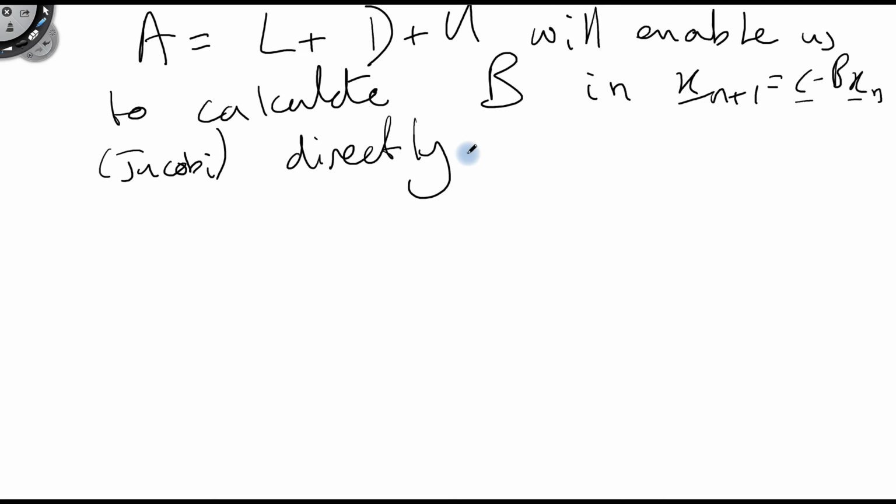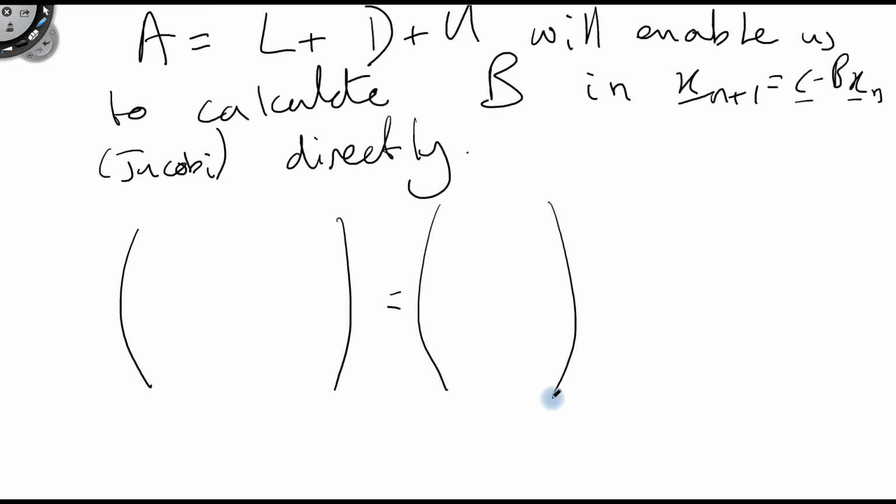It allows us to calculate this rather than the rather cumbersome, in the long term, method of using all the simultaneous equations. So the simultaneous equations method that we started with was a helpful intro into understanding where this B matrix comes from, but there should be a more automatic way, and this decomposition is going to be a helpful way in. So let's just illustrate with a 3x3 matrix example how this decomposition works.